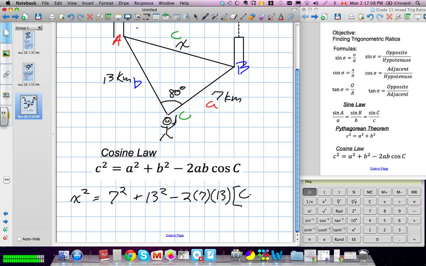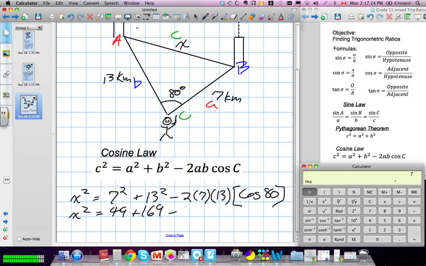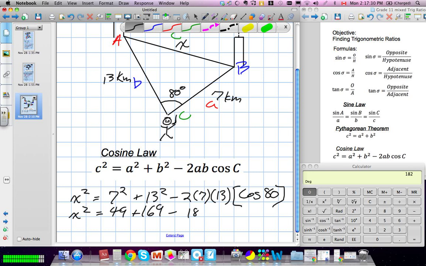So cos 80. We have x squared is equal to 49 plus 169 minus 2 times 7 times 13 is 182. I'm going to leave the cos 80 for a little bit so we don't have to put the decimal in yet.